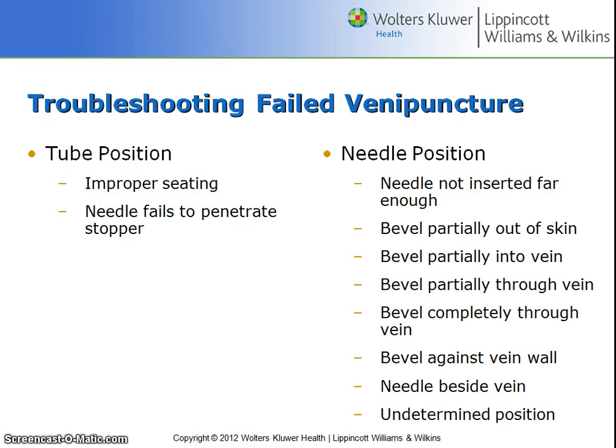Alright, troubleshooting a failed venipuncture. Tube position, check those things. Needle position, again, I could read all these to you. You should probably review them, but you'll get better at this when you actually are practicing it.